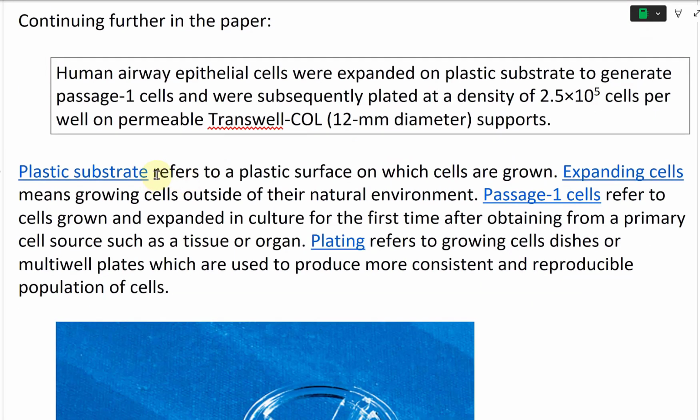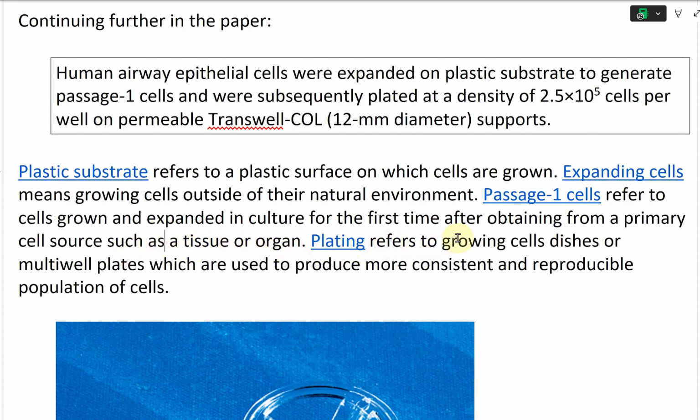So plastic substrate right here refers to a plastic surface on which cells are grown. And expanding cells means growing cells outside of their natural environment. And passage 1 cells refer to cells grown and expanded in culture for the first time after obtaining them from a primary cell source, such as a tissue organ.